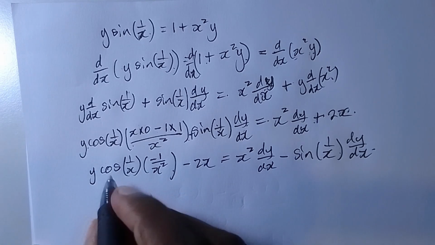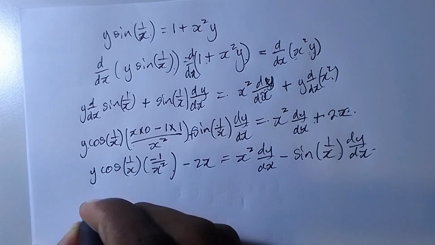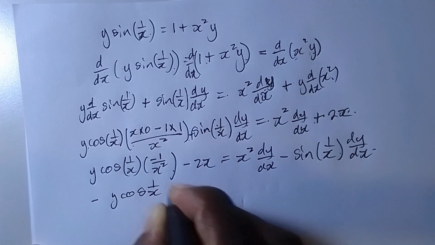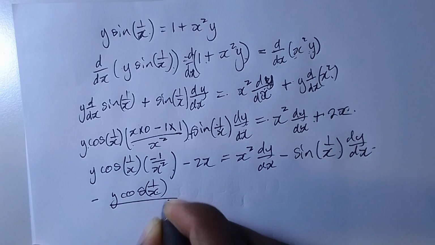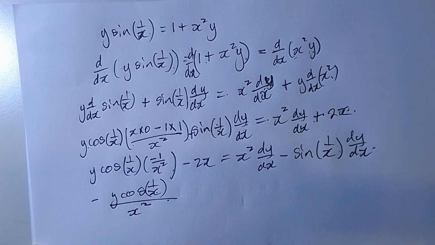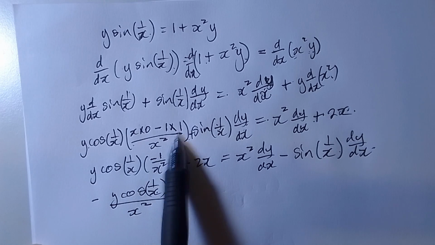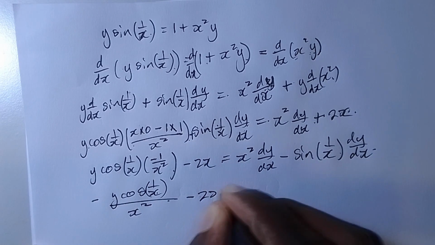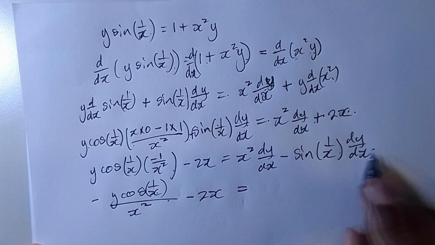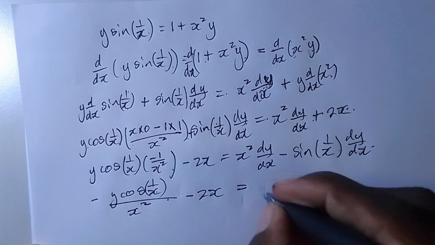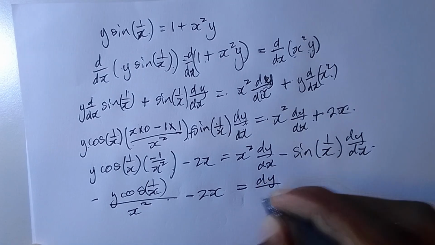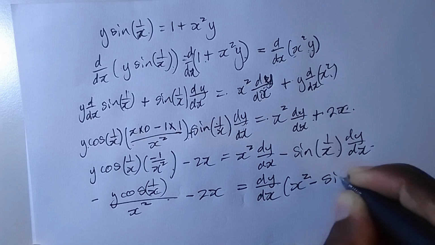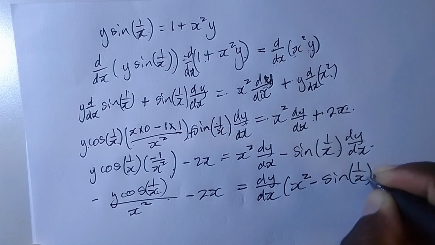This will give us a negative y cos 1 over x, all divided by x squared, because you multiply all the numerators together, you multiply the denominators together. Minus 2x is equivalent to, you take out dy on dx as a common factor there, dy on dx times x squared minus sine 1 over x.